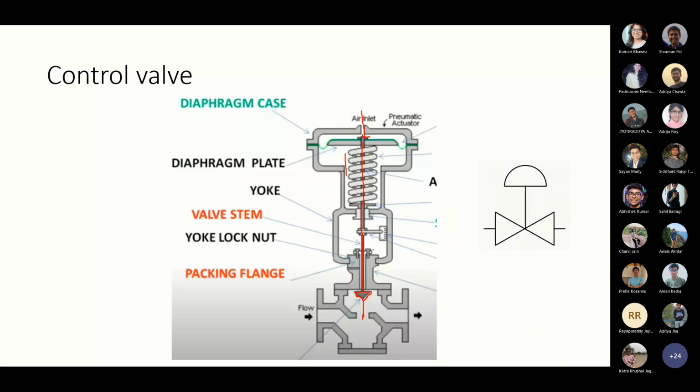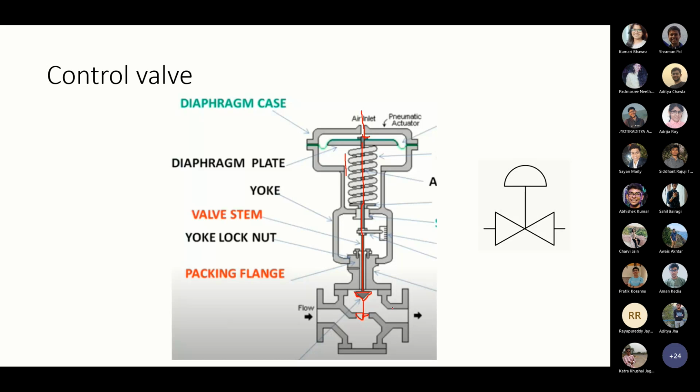If you want to close the valve, you can give enough pressure so that it can completely come and sit here. Then the valve is closed. If you want the fluid to flow, you can release the pressure, then the valve will move upward and the fluid enters.